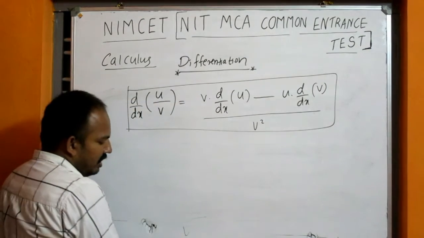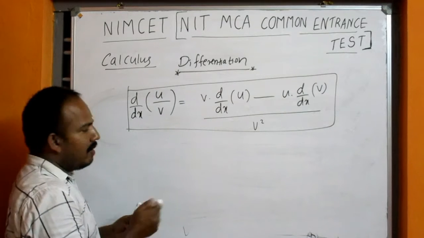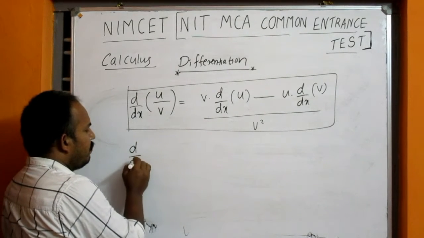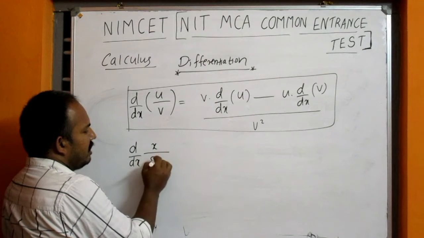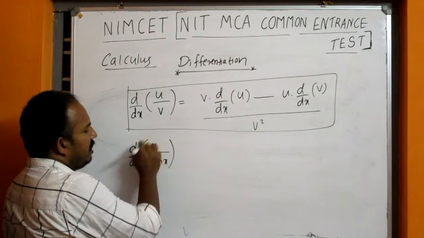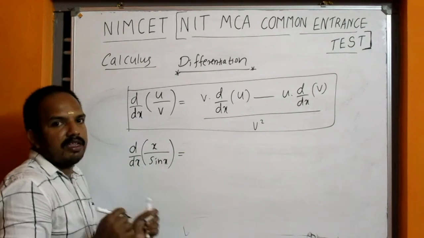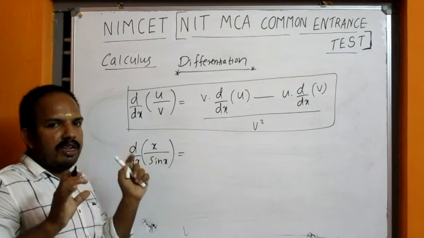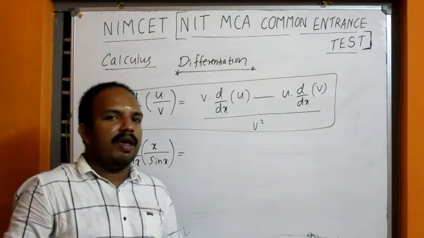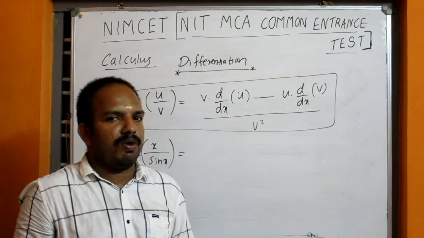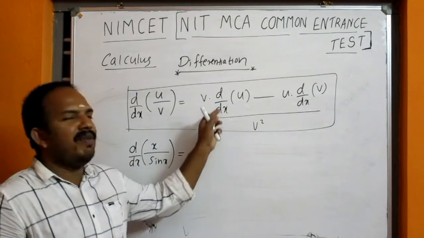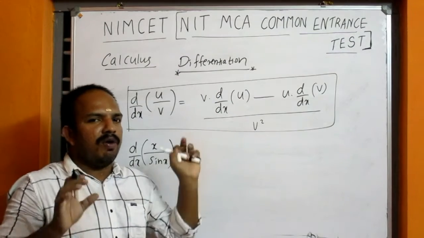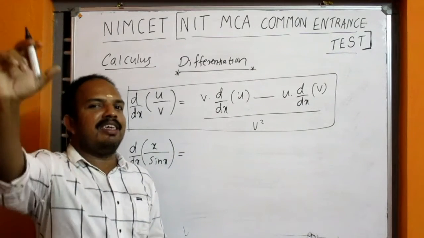Let us see one more example: d by dx of x by sin x. The question is in the form of u by v, so we apply the quotient rule. We don't bother with u and v; always start with the denominator into.